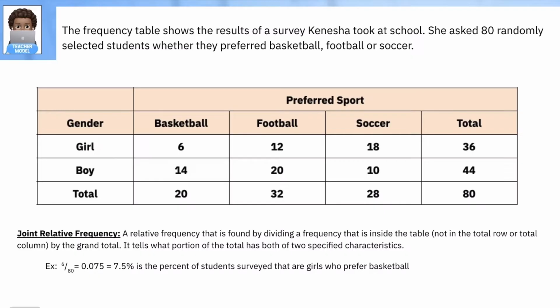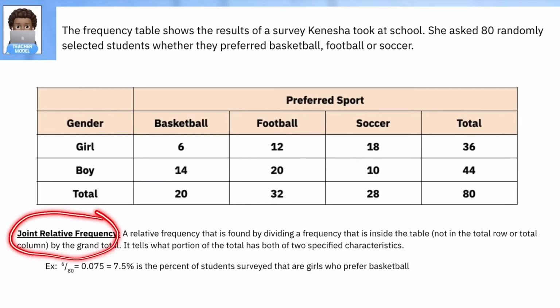So now let's look at it as a two-way frequency table where it's still the 80 students, but notice she's broken it up by gender as well. So you have your preferred sports and you have information by gender, and that's what makes it a two-way frequency table. We're looking at both sets of information. So here's the next term I'm going to give us.